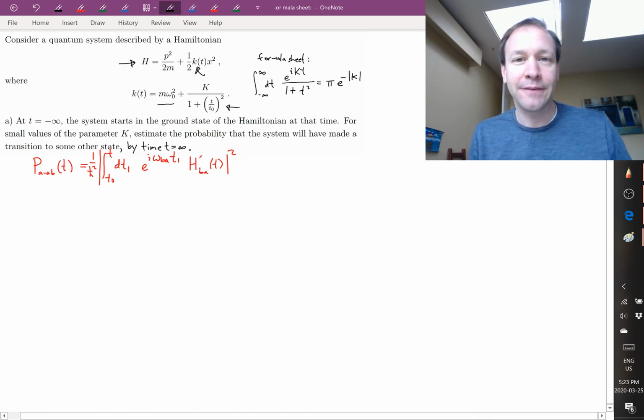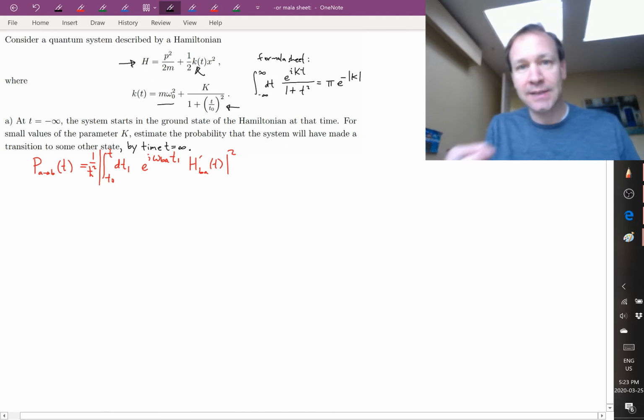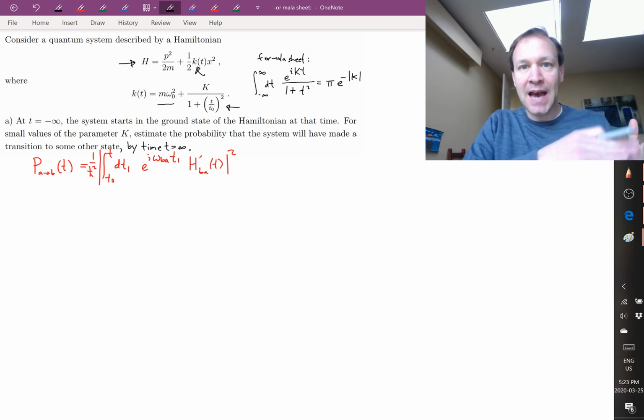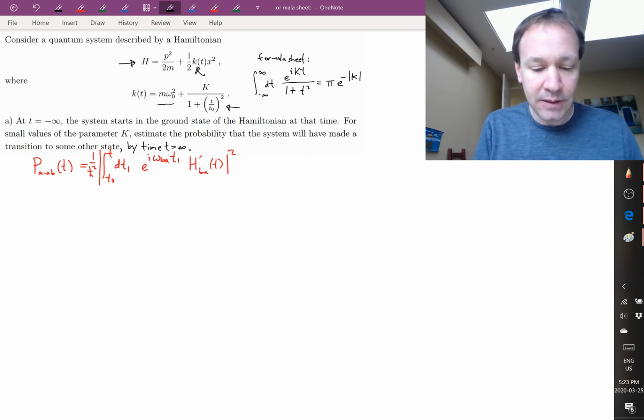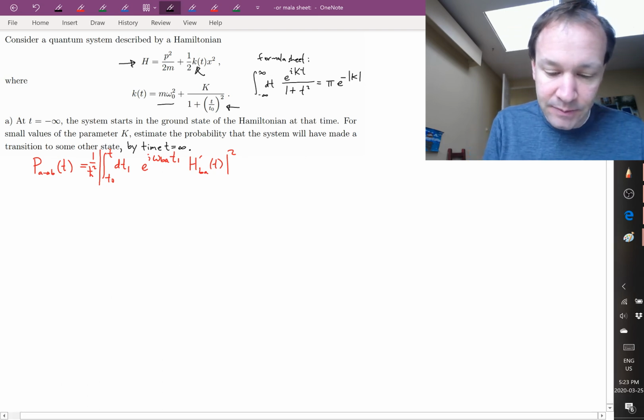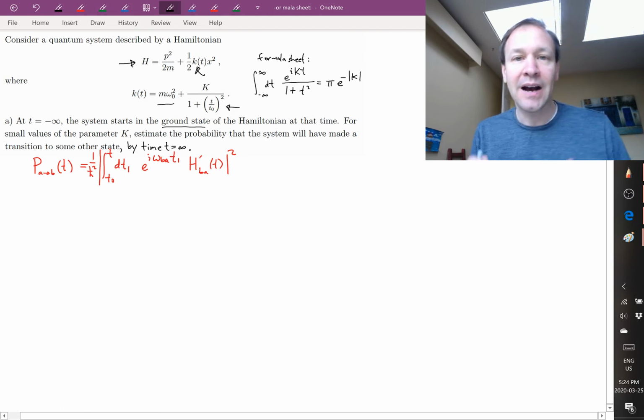If we look at that function, it is 0 for t equals minus or plus infinity, and then it becomes non-zero in the middle. What we're told is that at time equals minus infinity, the system starts in the ground state of the Hamiltonian at that time.